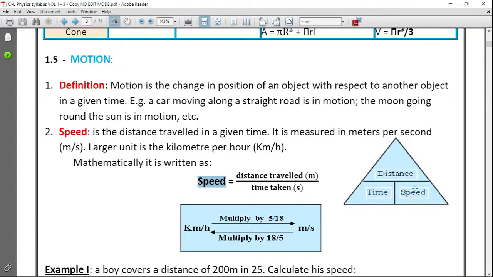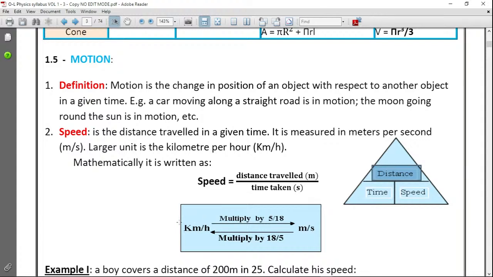If given the distance to find time, time is equal to distance divided by speed. If given both the distance and the time to find speed, speed is equal to distance divided by time. If asked to look for distance, distance is equal to speed times time.